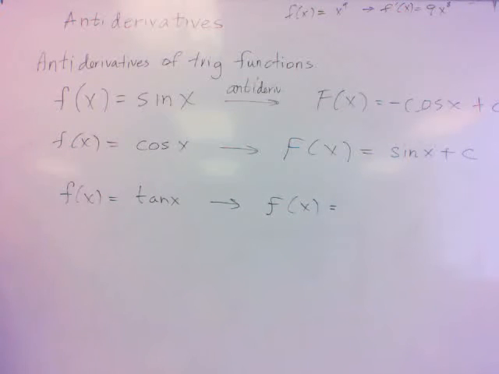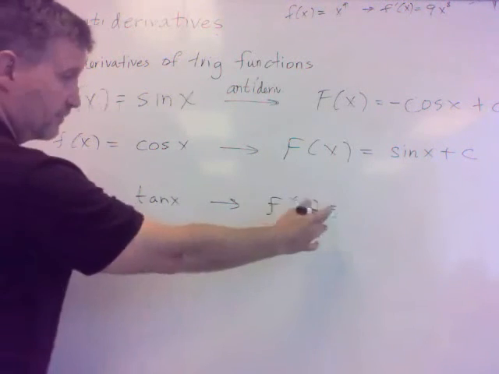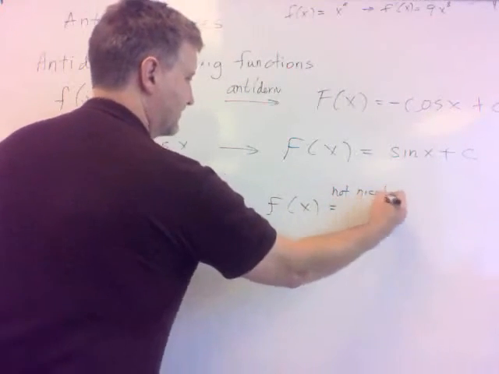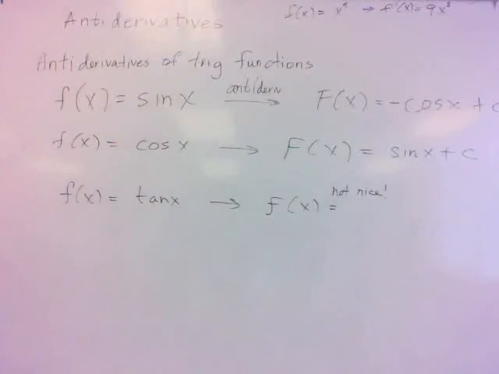Because the derivative of tangent is secant tangent. No, the derivative of tangent is secant squared, right? So there is an antiderivative for tangent, but it's not a nice one.